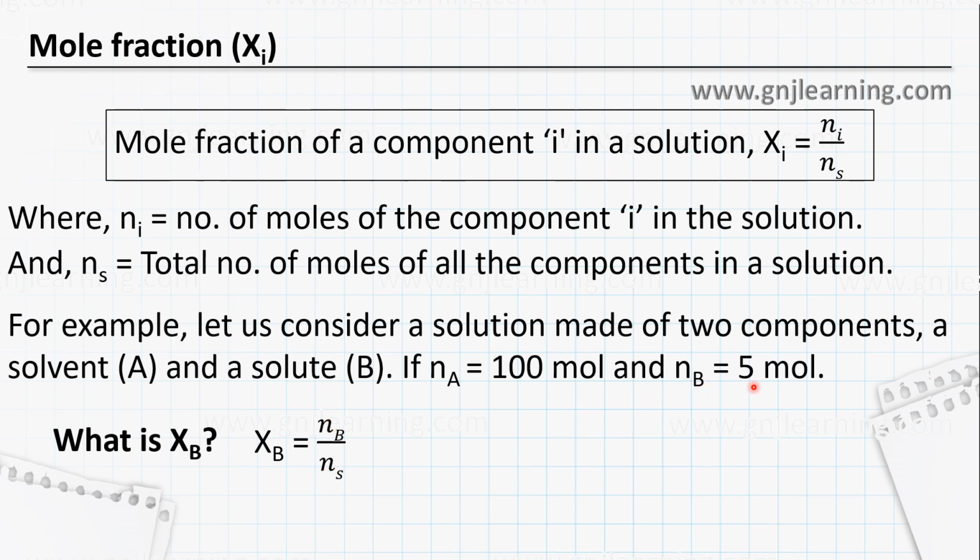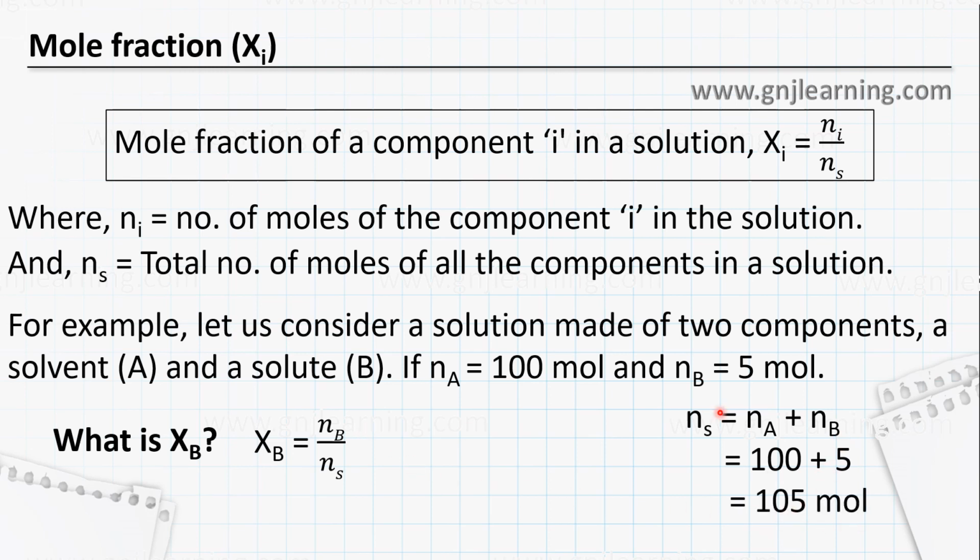They have already provided that, 5 mole. What is Ns? Again, looking at the definition, total number of moles of all the components in the solution. We have in the solution two components, A and B, so Na is 100 mole and Nb is 5 mole. So Ns is equal to Na plus Nb, which is 100 plus 5, which is 105 mole.